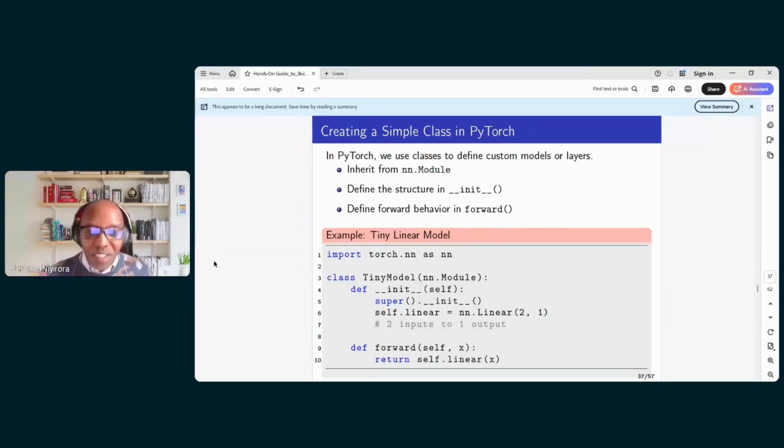A class, they're very common in PyTorch. The good news, they're easy to understand. They tend to come with two methods. You have a class. It's usually used in object programming. For those who've done programming in other languages, they've seen this for sure. So the init, which is the initialization method, is where you essentially put your ingredients of all the things you're going to need in your forward method, which is where you combine different inputs to come up with something.